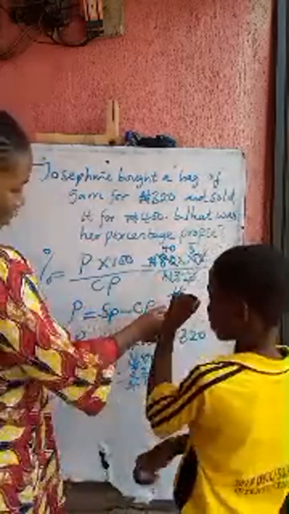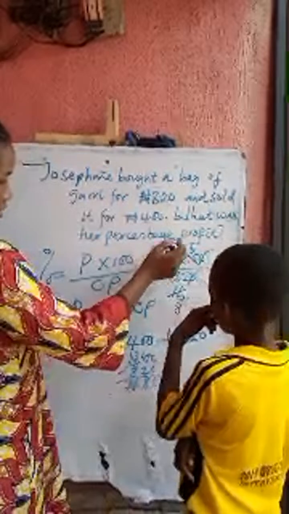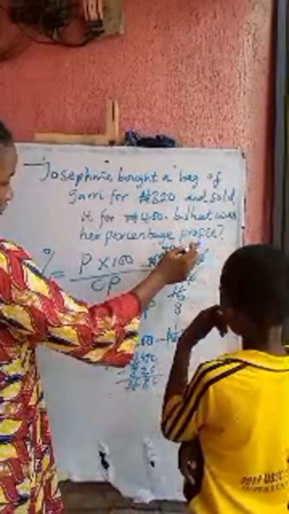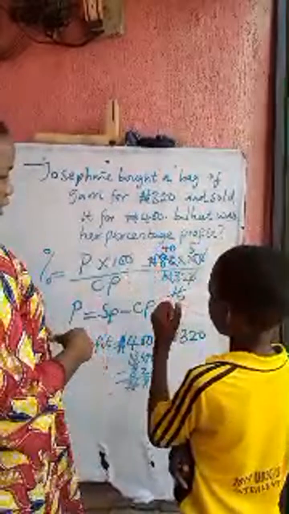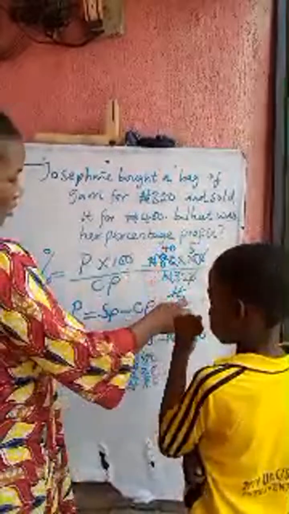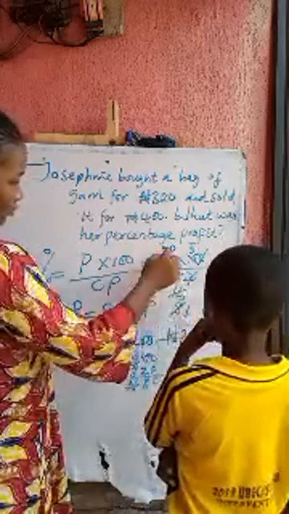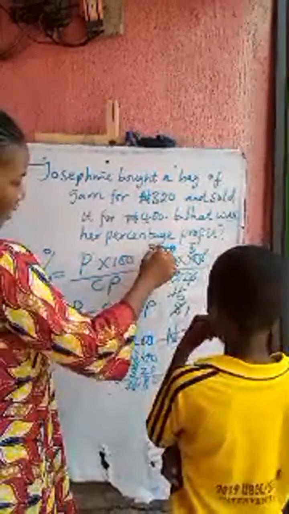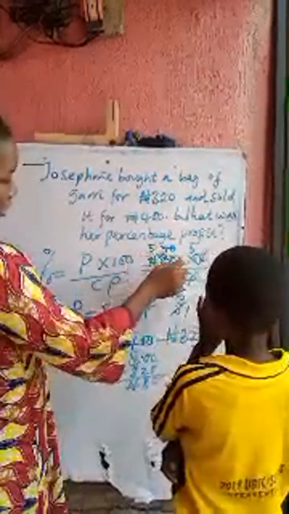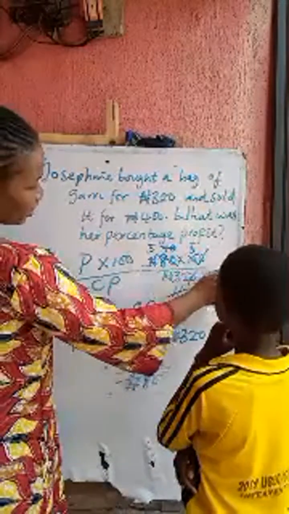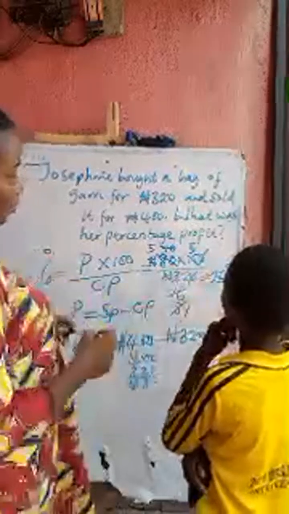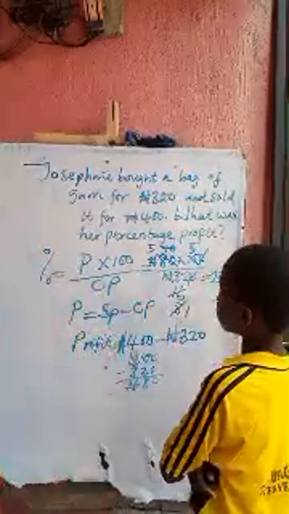Now we have 8, we have 40, we have 5. Leave this 5 first, because 8 can go into 40 how many times? 5 times. Excellent. 8 into itself 1, 8 into 40 is 5. So we now have 5 times 5, which is equal to 25. 25%. So the percentage profit is 25%.